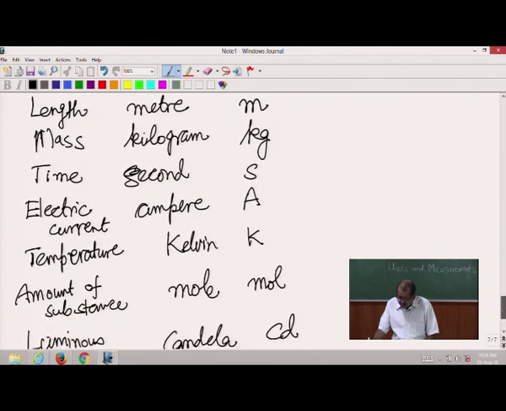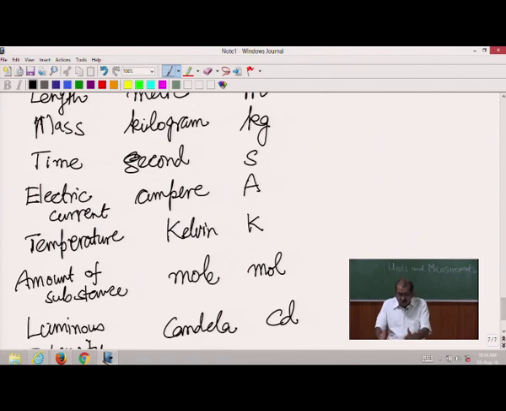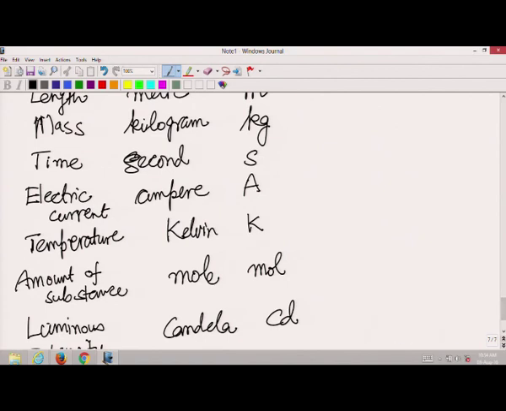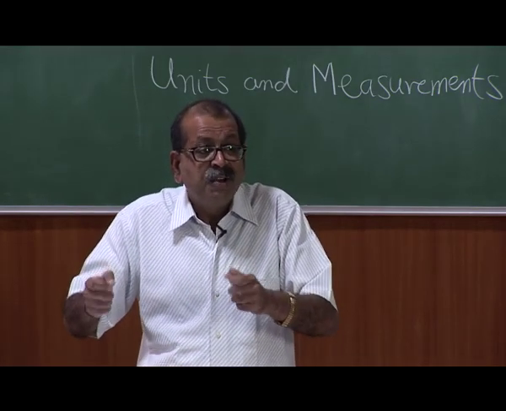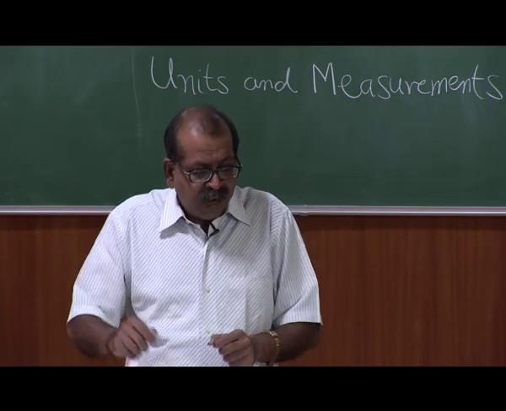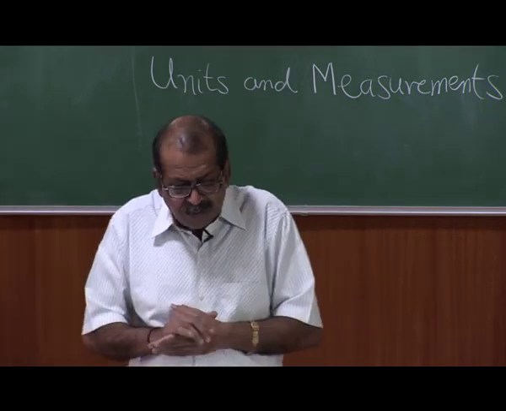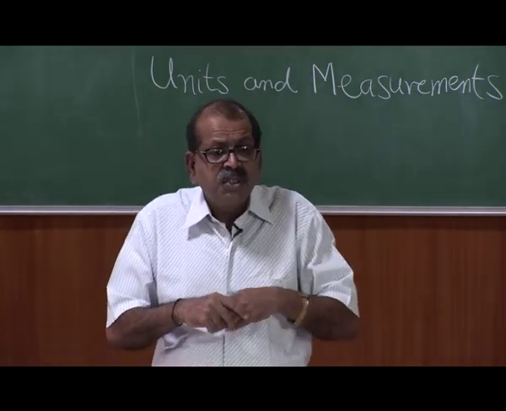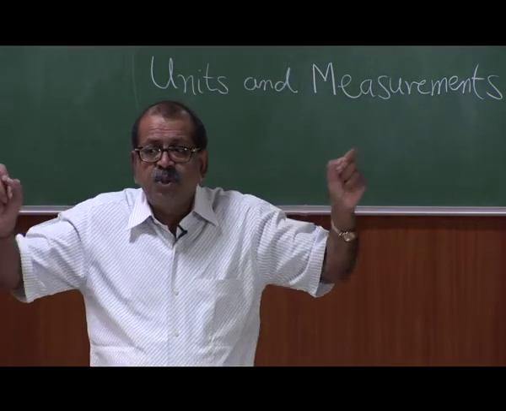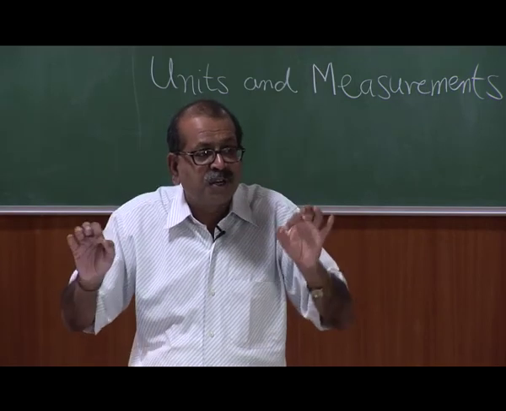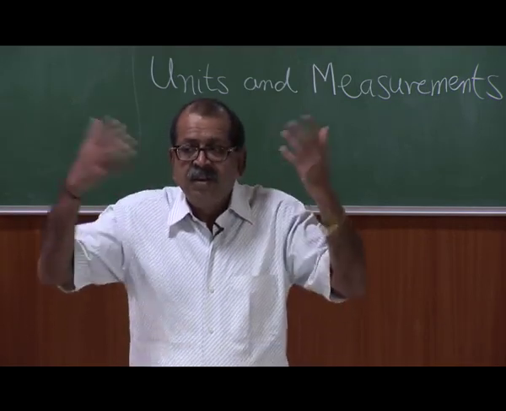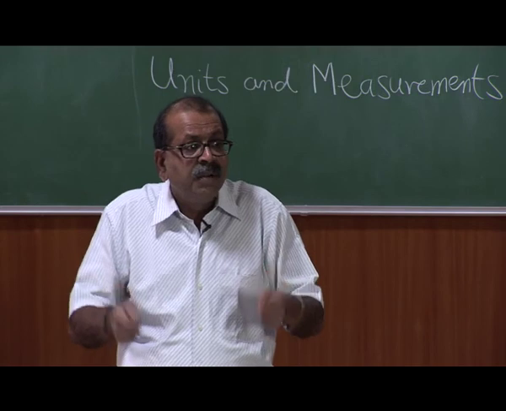Now, one of the things which one has to do is, for each of these, once we define a standard unit, then its definition has to be very precise. For example, when we look at meter, this initially was the length of a standard bar which was put under particular conditions of temperature in a lab in Paris.